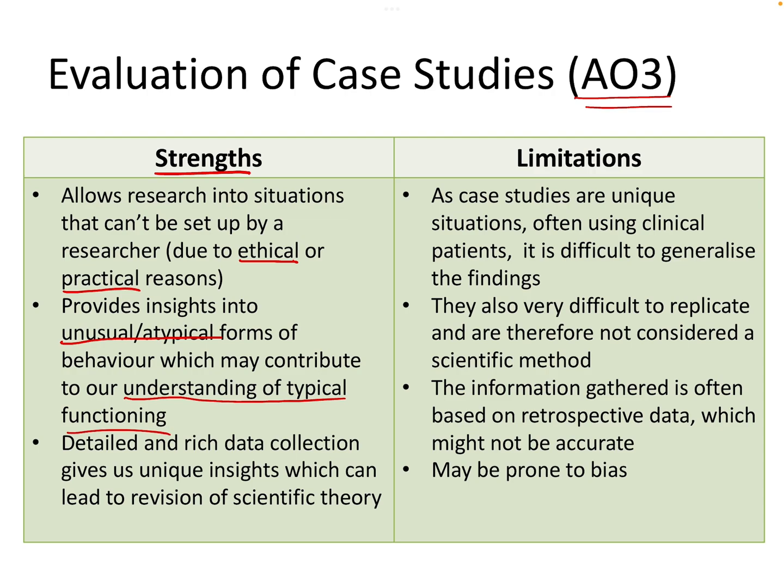If we can understand what's going on in the brain, for example, of an atypical individual, then that might give us some clues as to what that area of the brain is responsible for in typical individuals. And a good example of this is in the case study of HM, who we're going to be looking at in our study of memory. So HM had his hippocampus removed, and he was fairly normal afterwards, except for some really interesting observations to do with certain tasks that he could perform and other tasks that he couldn't.